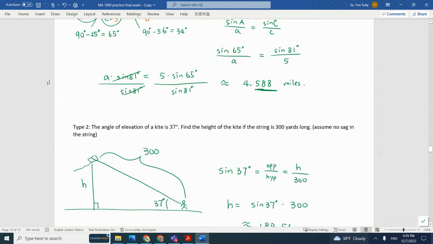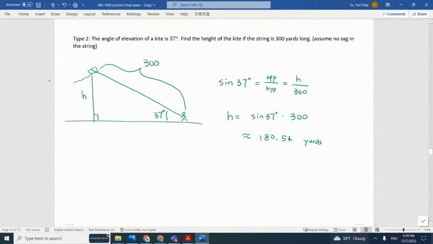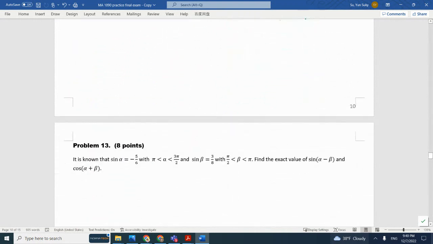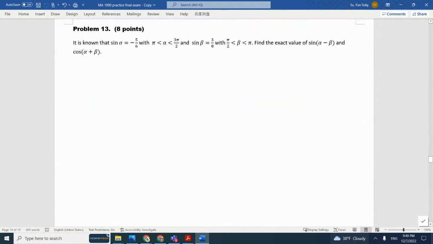Usually 3 decimal places for the final answer, but in the intermediate steps you want to keep more digits so your final answer will be more accurate. It doesn't hurt to keep more decimal places. Okay, so that is problem 12. You have word problems, but which type we don't know. I will tell you, but be prepared for all the word problems.